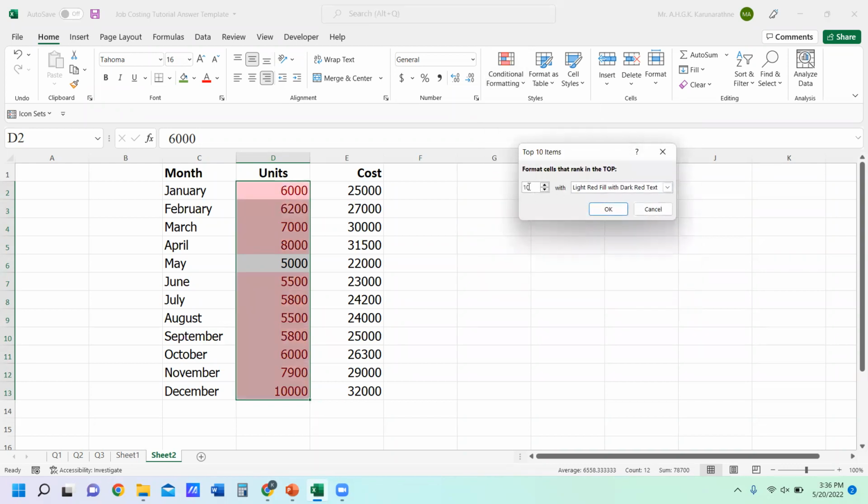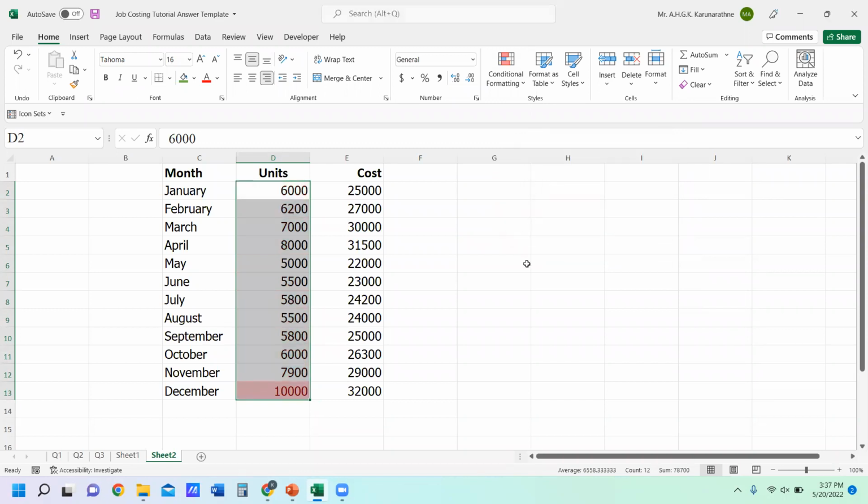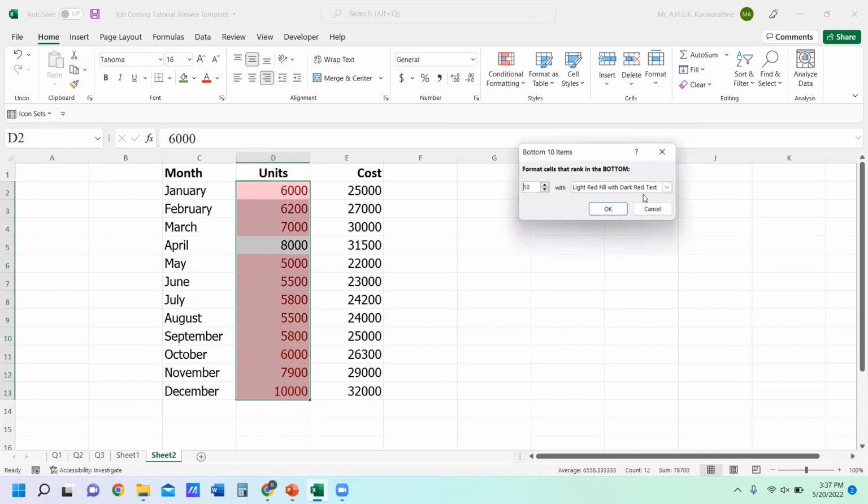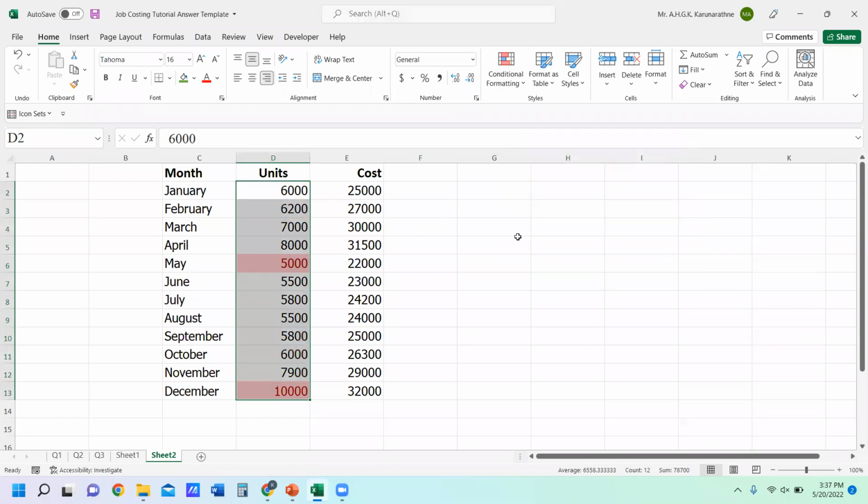Let's take the highest output level, 10,000, or you can just check and identify the highest output level. Then the lowest one, again you can select, go to conditional formatting, top bottom rules, bottom 10, then I will take the lowest one. So these are our highest output level and lowest output.